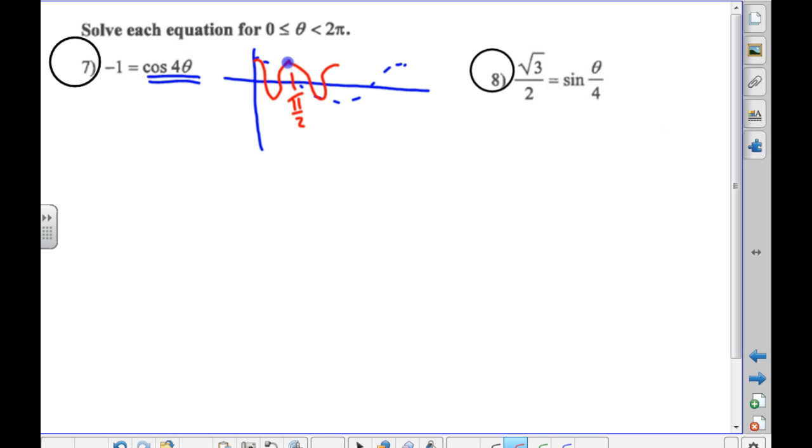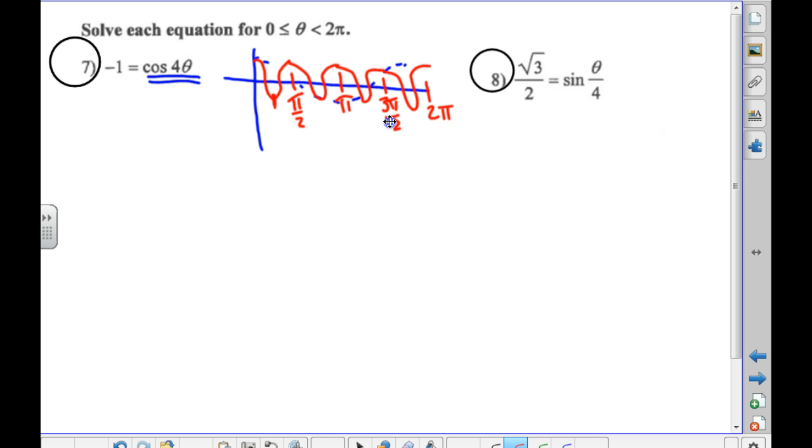Another one by what? Pi. Another one by 3 pi over 2. And another one by 2 pi. They want to know where it hits -1. Pi over 4. It is going to be exactly pi over 4 and all of those, okay?